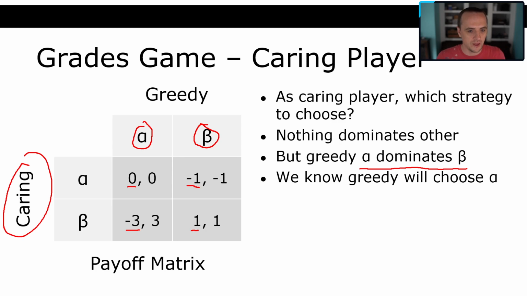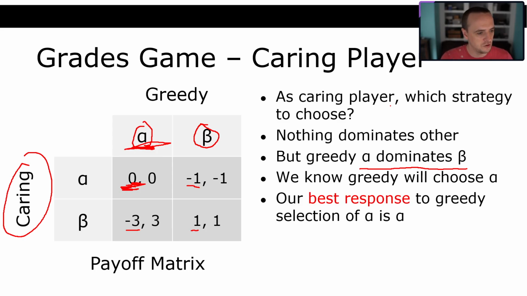So we know that a rational greedy player will choose alpha, okay? So if we know that they're smart and they're going to choose alpha, right? We know they're going to choose alpha, then we should choose alpha. Because it'd be pretty dumb for them not to choose alpha, right? Because they always do better. So this introduces a new term.